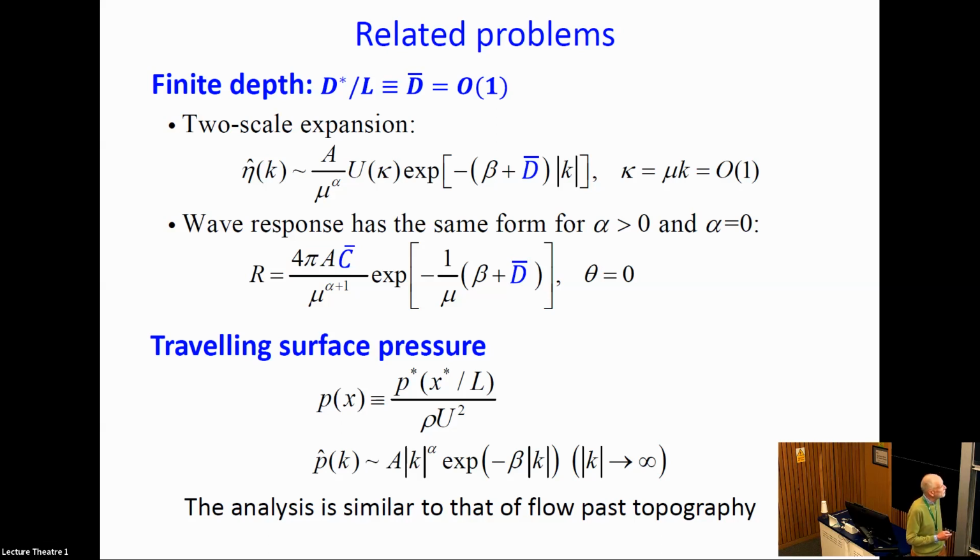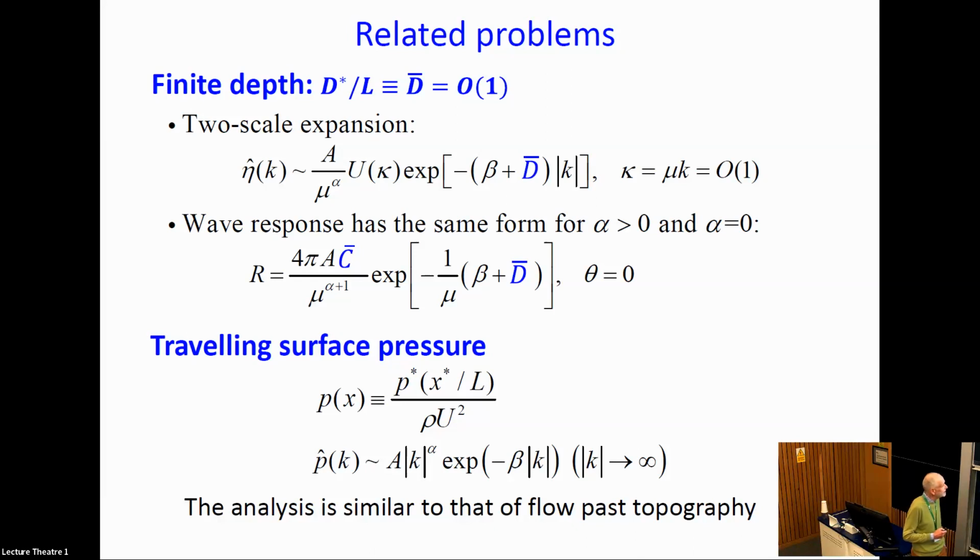You can do the expansion. You need a little bit of modification in the exponential by a little parameter here, which gives you this ratio. But the theory still goes through, and you can have the response depend on this parameter c for alpha n, alpha equals 0. So the theory is a little bit different, but more or less the same result.